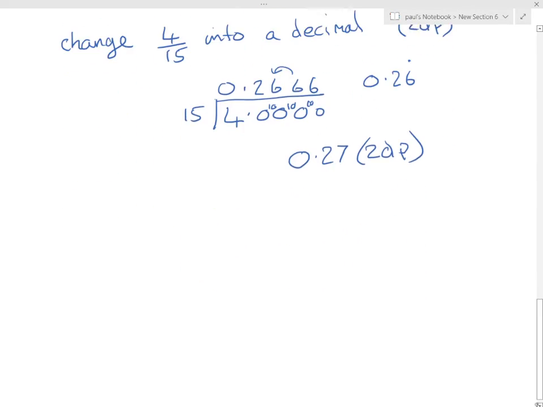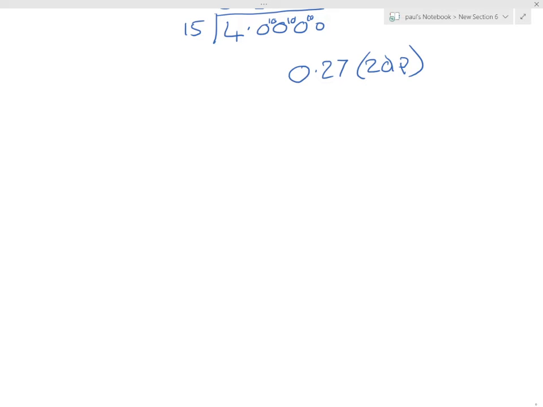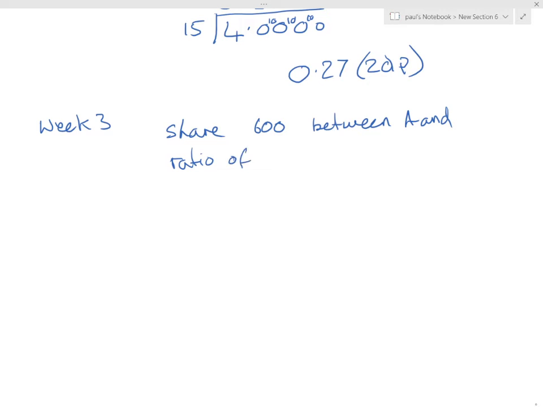So that was week 2, I think. Then we did week 3. Week 3 was a ratio question. Share 600 between A and B in the ratio of 1 to 2. Nice and easy, yeah?